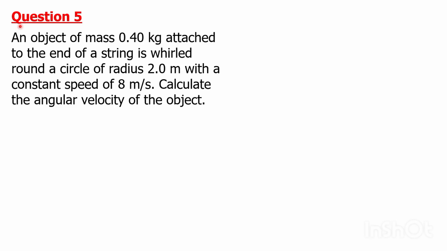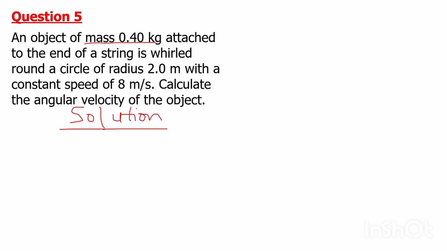Question number 5. An object of mass 0.40 kg attached to the end of a string is held round a circle of radius 2 meters with a constant speed of 8 meters per second. Calculate the angular velocity of the object. Okay, solution. Write out everything. Take your time. Carefully write out everything.